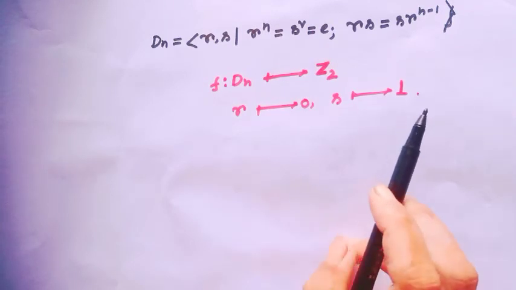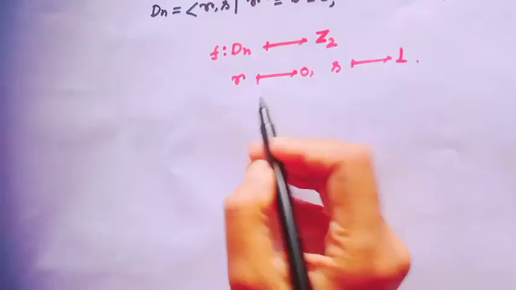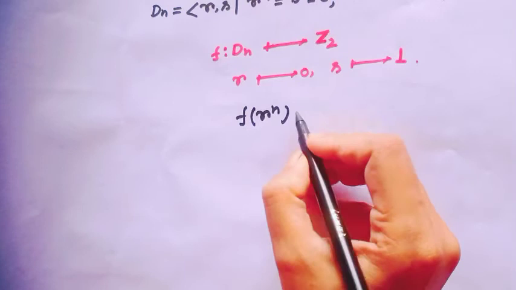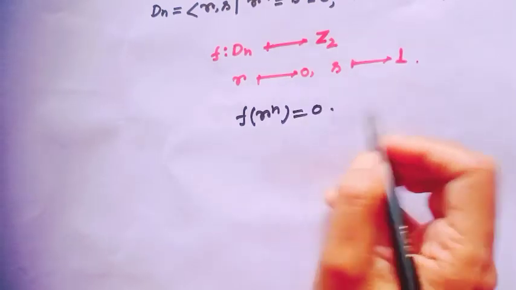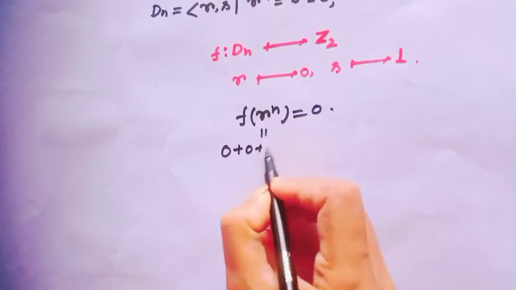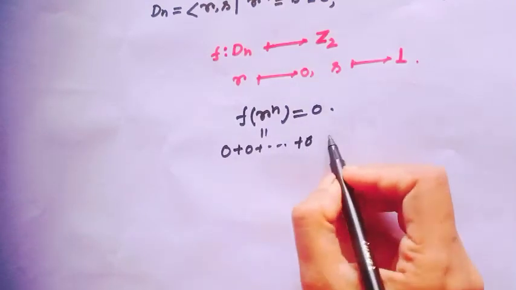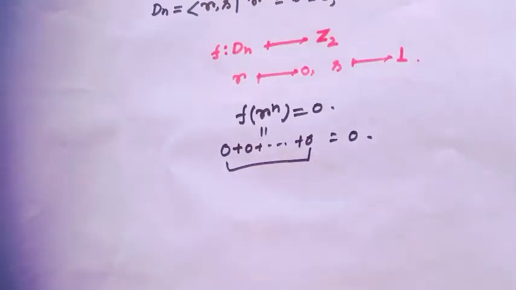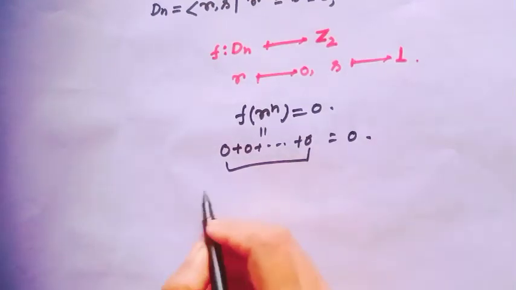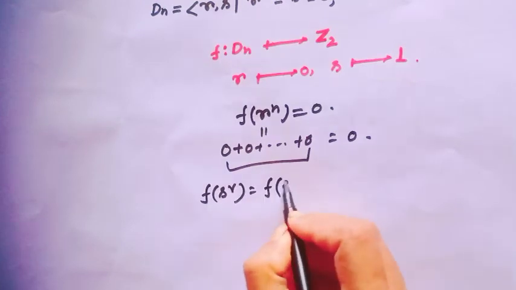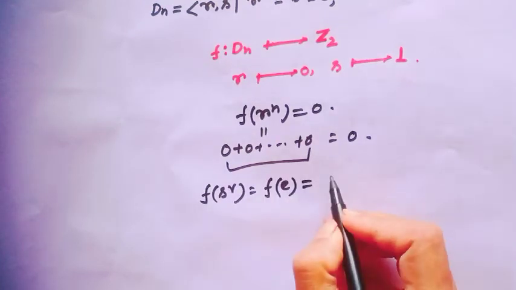Now check, is it a homomorphism? f of r to the power n equals, on one side it would be 0, and on the other side 0 plus 0 plus 0, n times, which is also equal to 0. And f of a squared equals f of e, which is equal to 0.